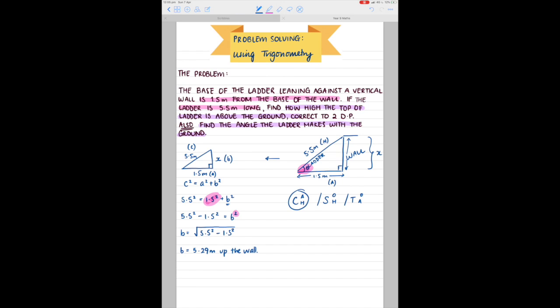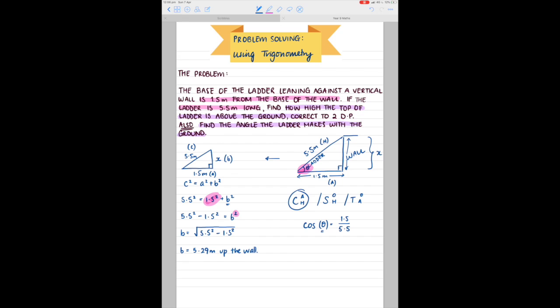So let's rewrite the expression in the way we know. Cos of our angle equals 1.5 meters, which is our adjacent, divided by 5.5. Remember, we're looking for our angle, which means we're going to have to do the inverse of the trig function.